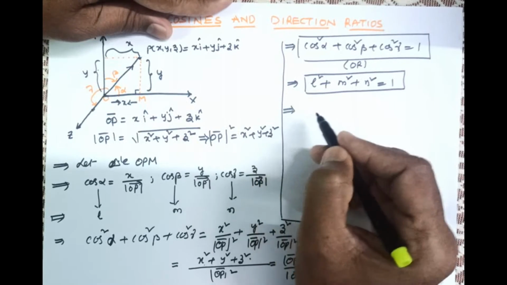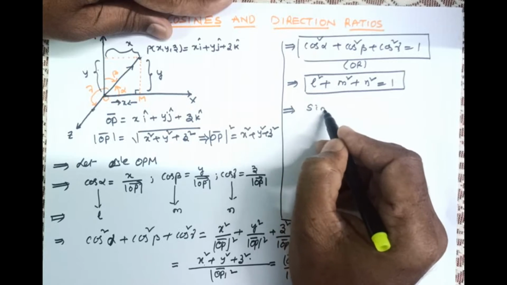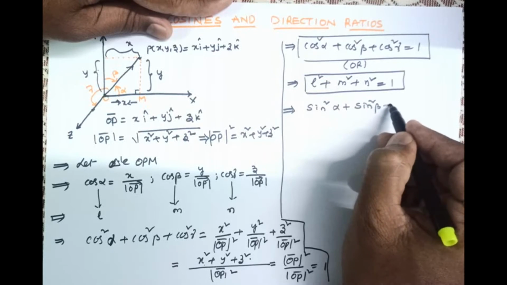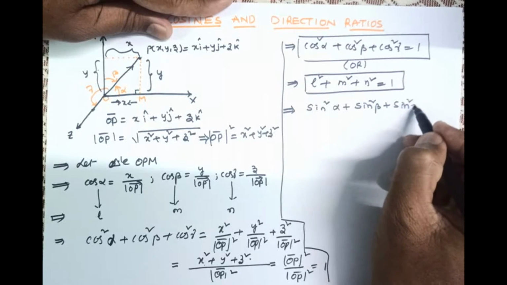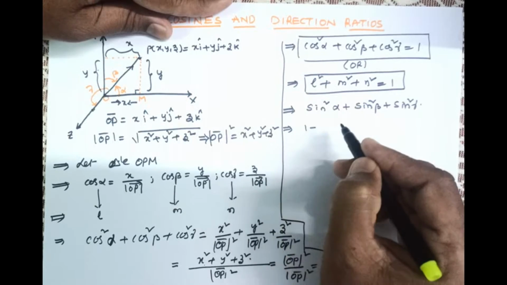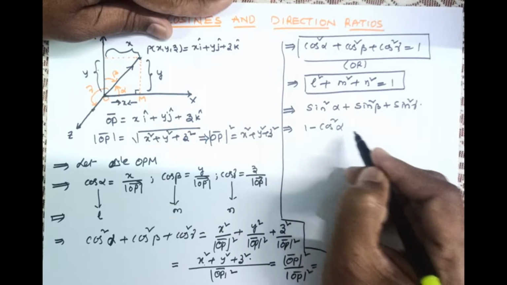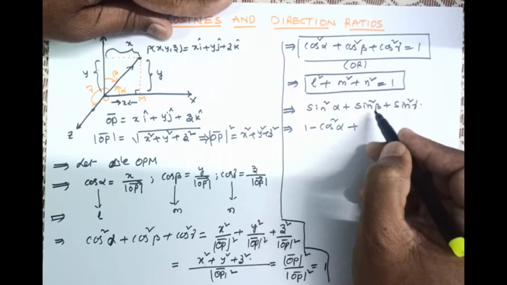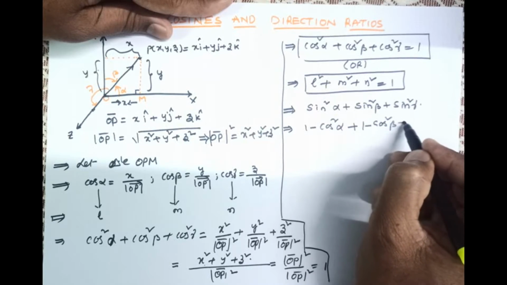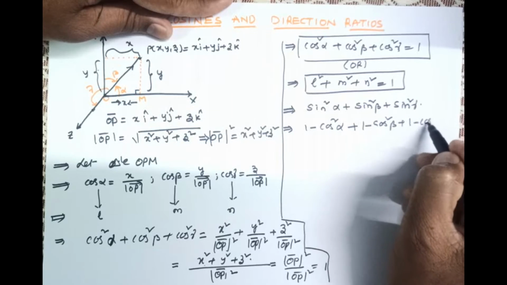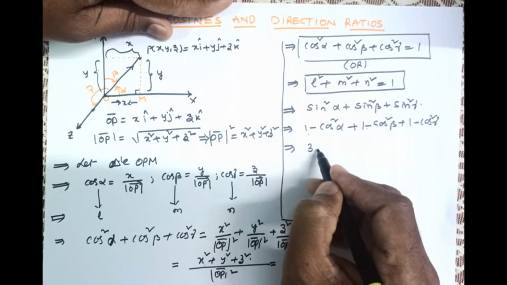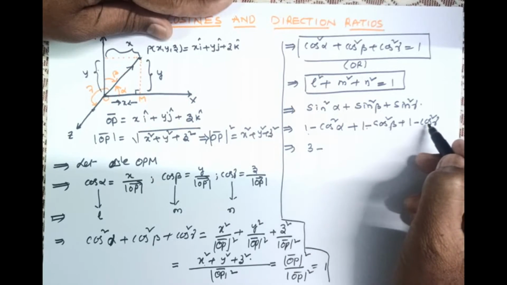Using this derivation, we can find sin square alpha plus sin square beta plus sin square gamma. So how much is this value? To find it, convert sin square alpha into 1 minus cos square alpha, sin square beta into 1 minus cos square beta, and sin square gamma into 1 minus cos square gamma. So this is 1 plus 1 plus 1, which is 3, minus cos square alpha minus cos square beta minus cos square gamma.